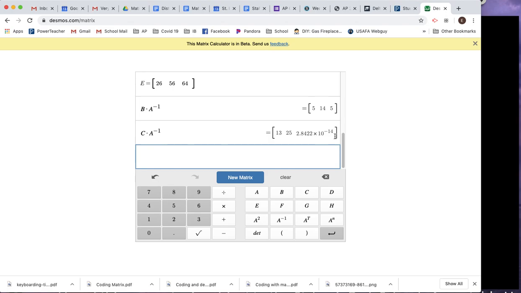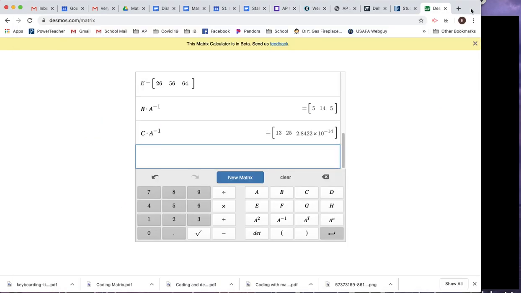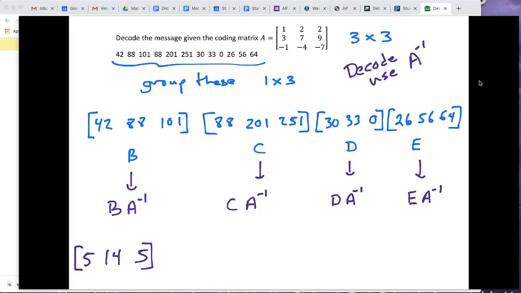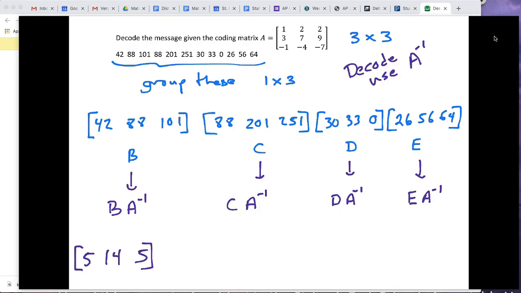And what did I do wrong? I don't know what I did wrong. Uh-oh. Now I'm concerned about what I did wrong. And I don't know, other than that might be a 0.